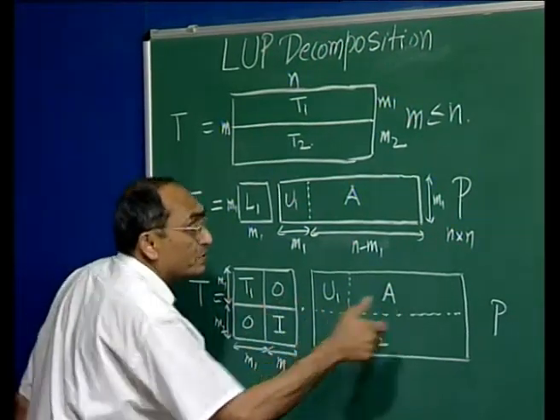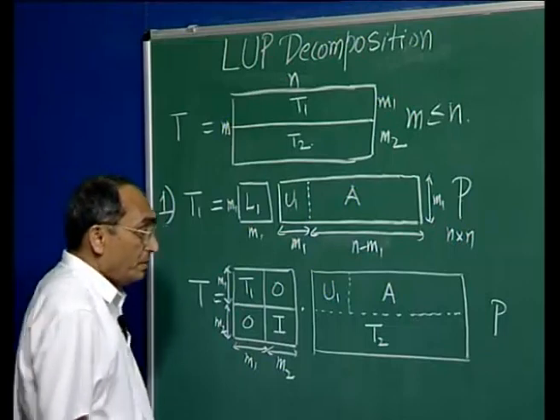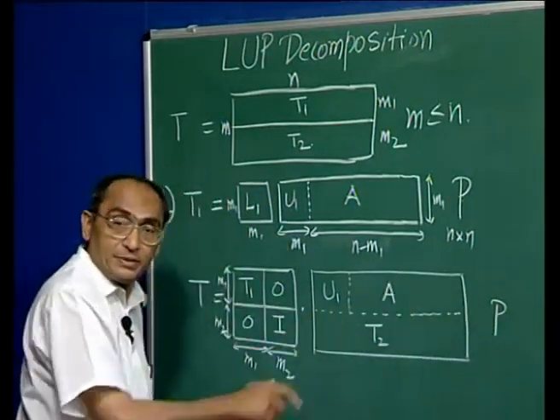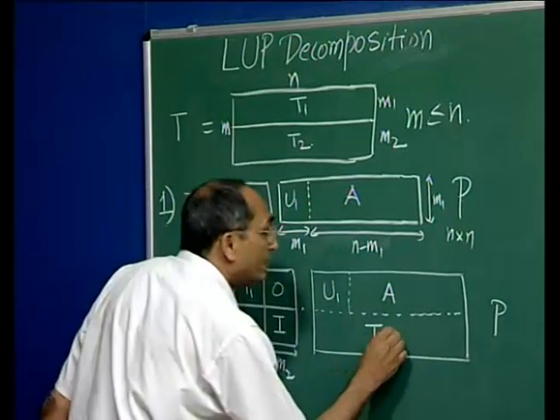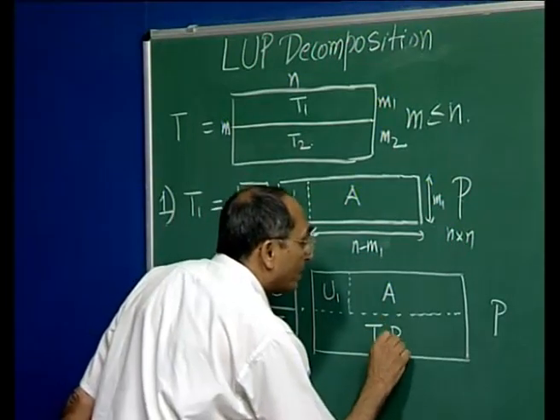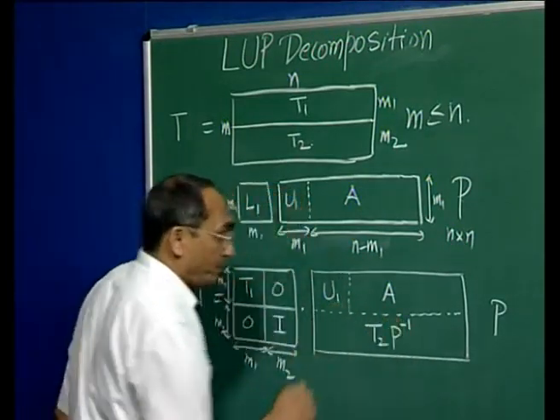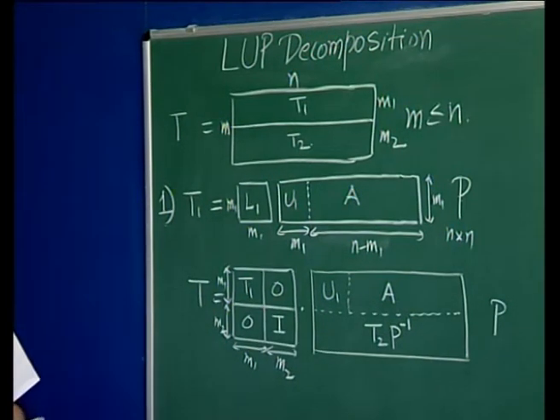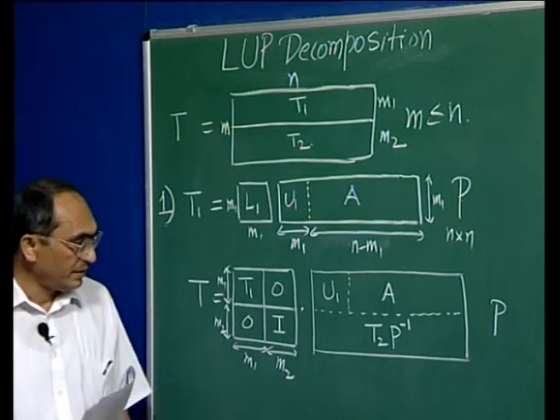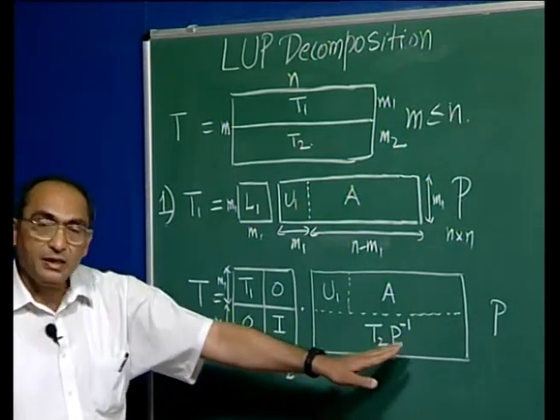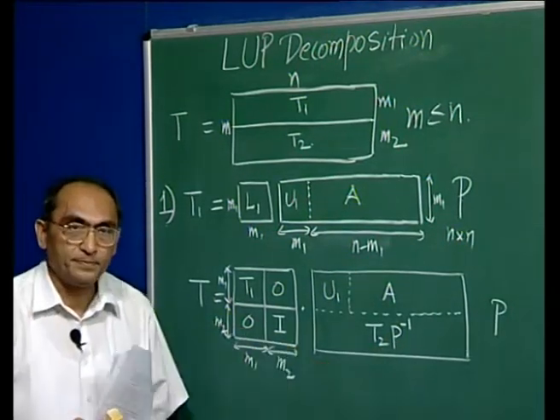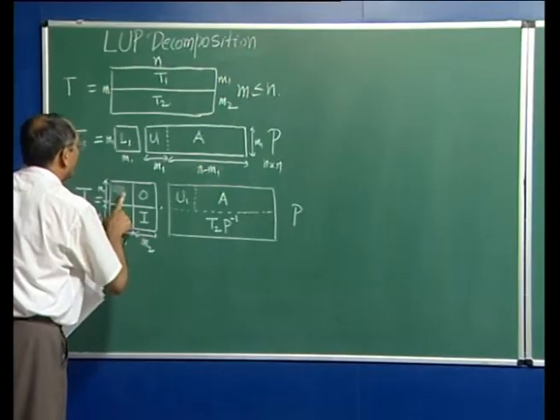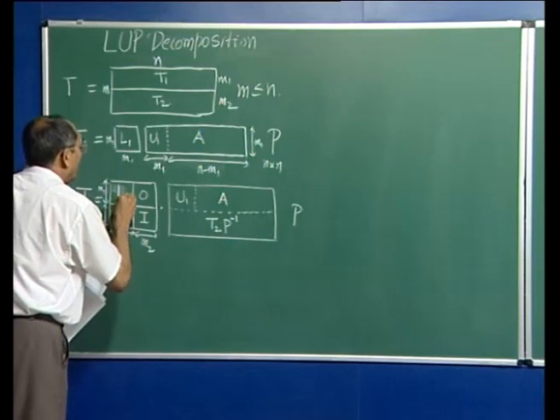I times T2 is T2, but after that this is going to be affected because of P. To deny that change, we will have to multiply by the inverse of P. Note that every permutation matrix is full rank, is non-singular, its inverse exists. This is L1. My mistake. This is L1.